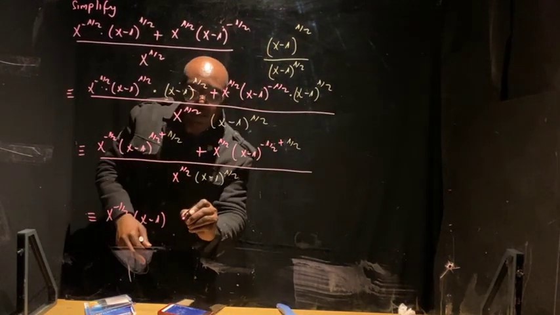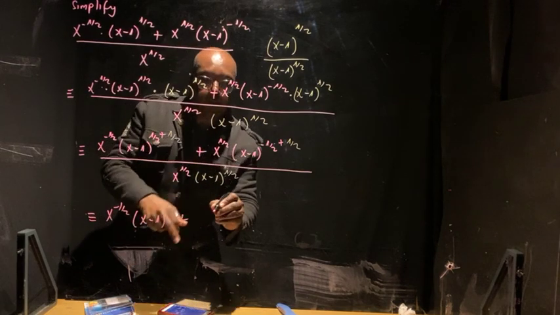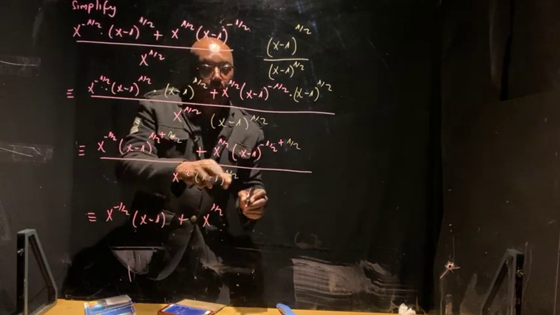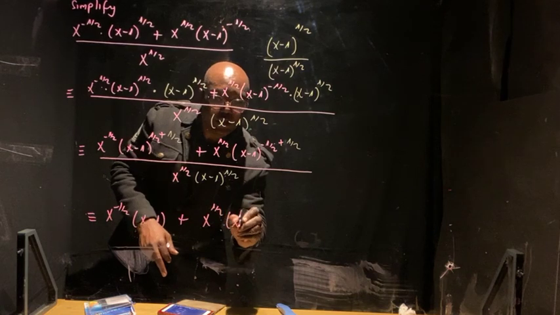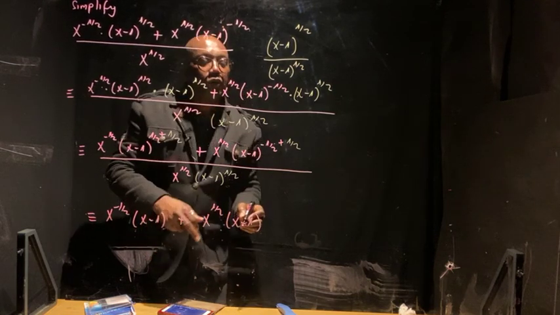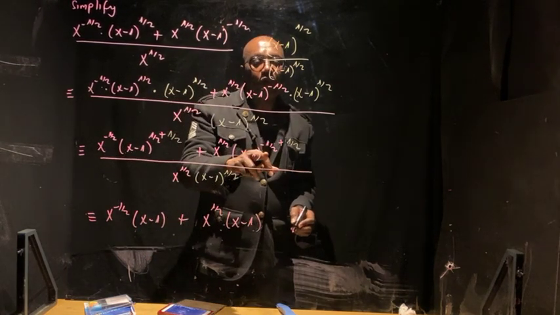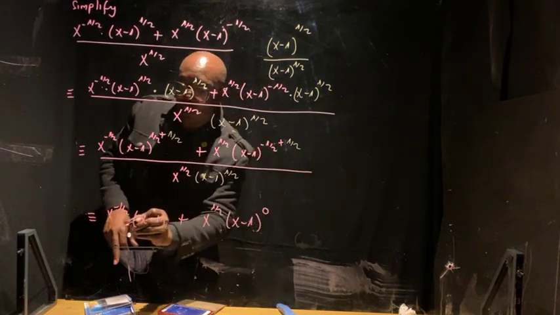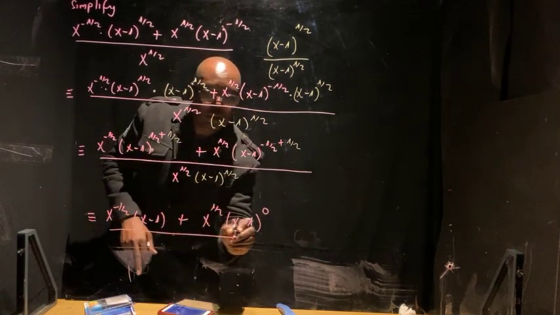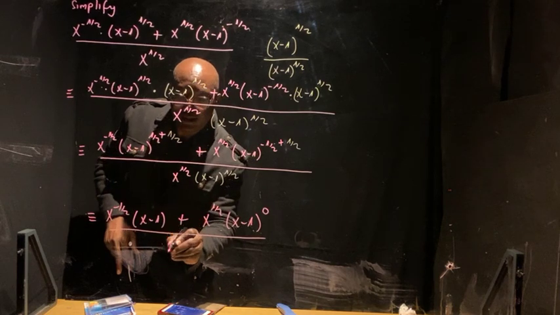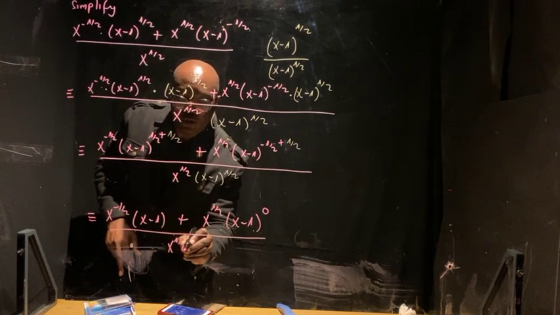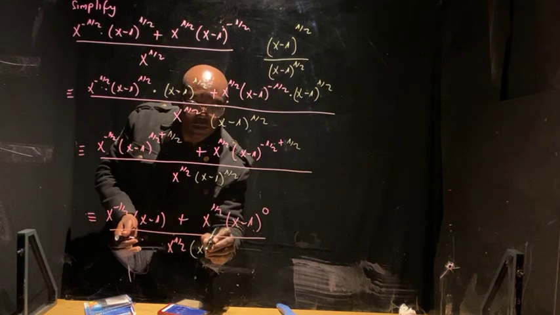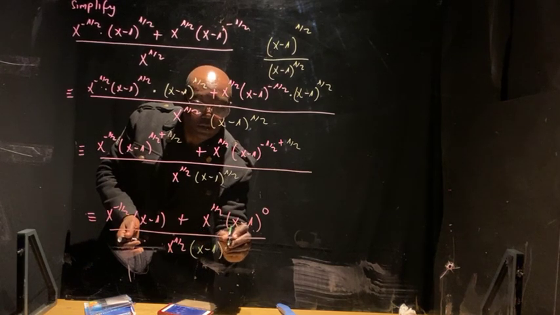And then we come here. X raised to the power half, multiplied to x minus 1 raised to the power negative half plus half is equal to 0, all over x raised to the power half multiplied to x minus 1 raised to the power half.